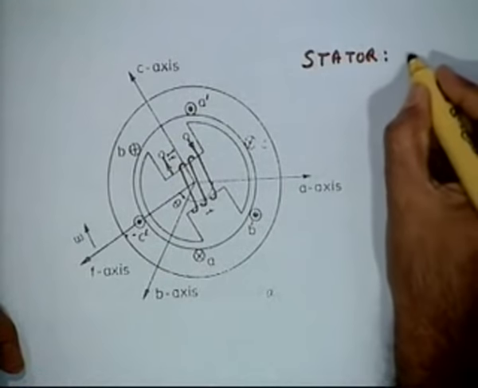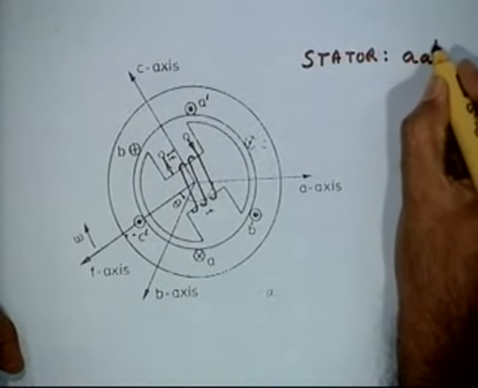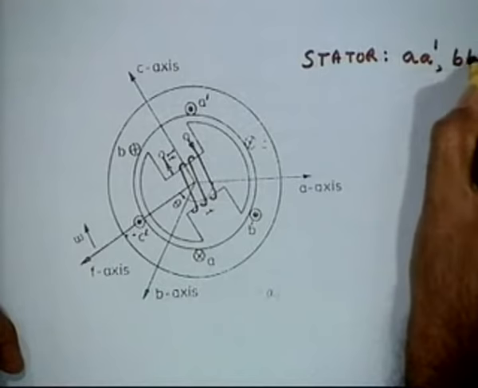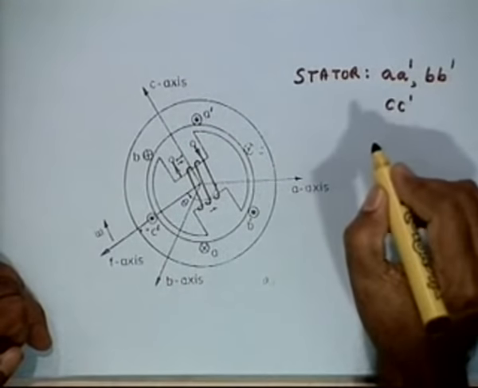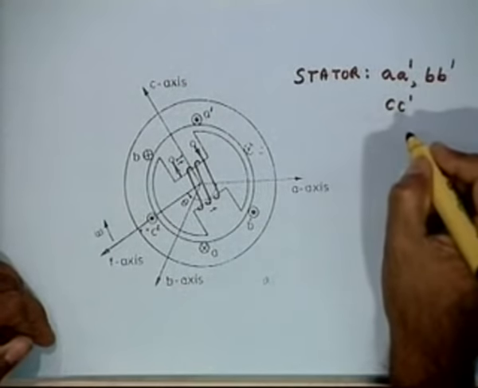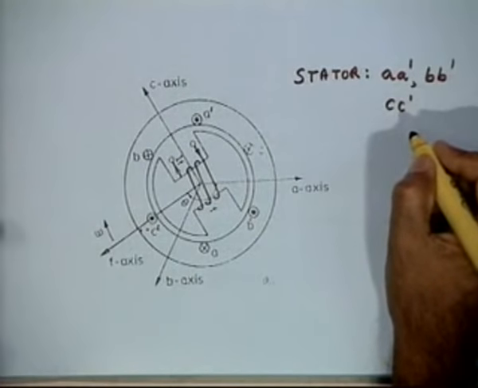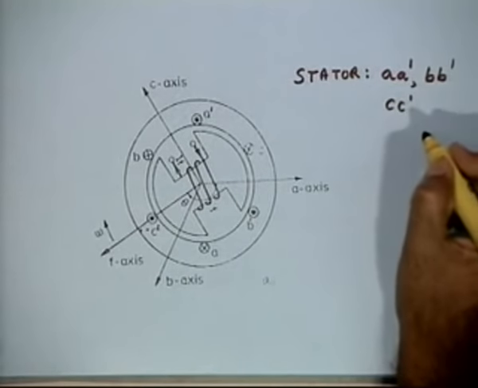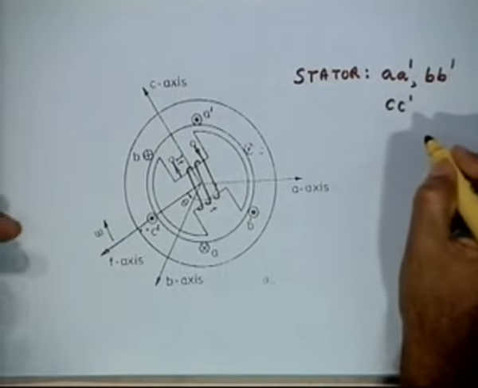In this case AA dash, BB dash and CC dash. So they are three-phase balanced windings having the same number of turns. We can assume they produce sinusoidal type of MMF, etc.